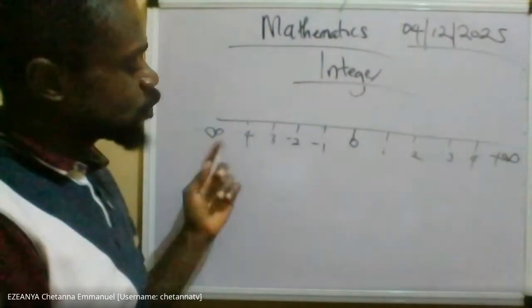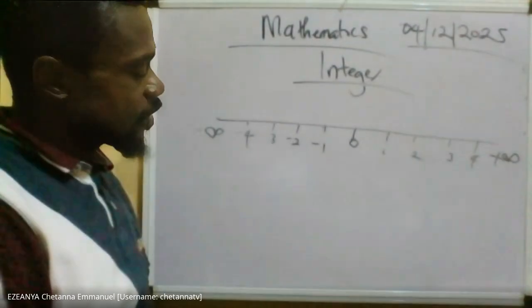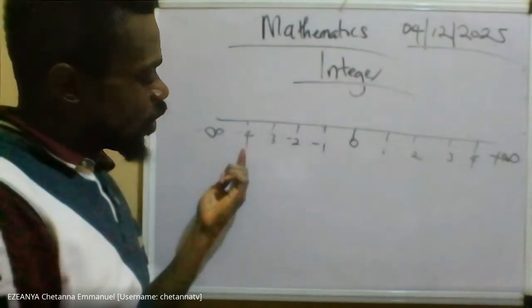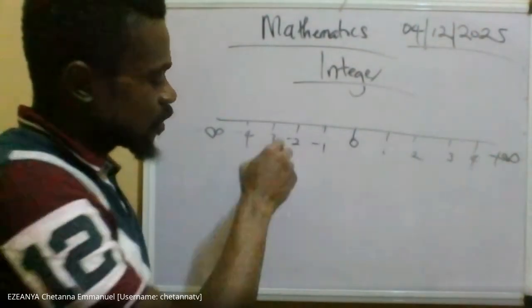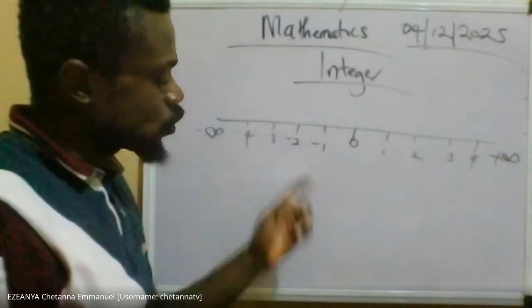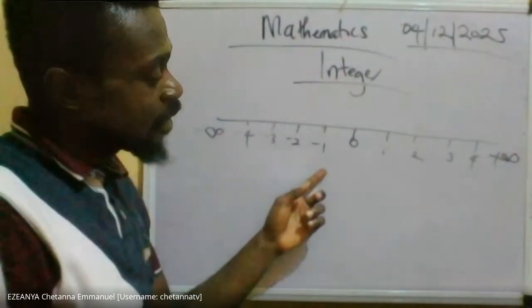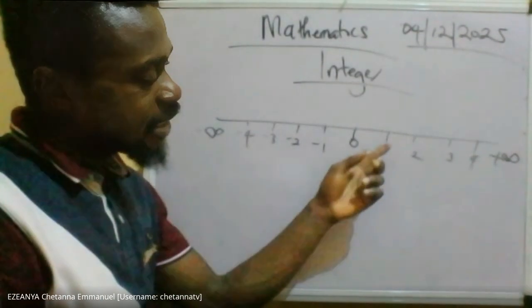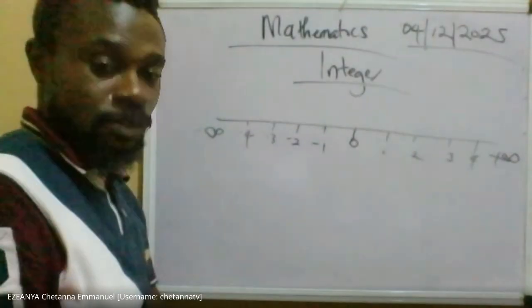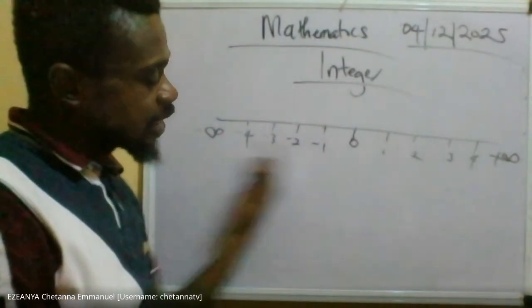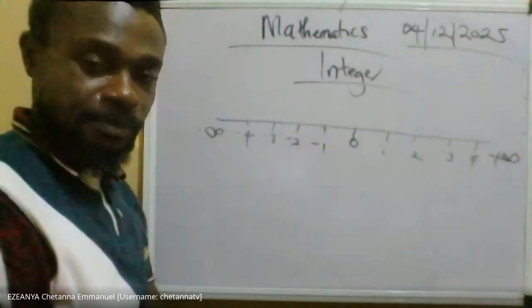This is what we call the number line. -4 is less than -3, -3 is less than -2, less than -1, less than 0. 0 is less than 1, and so on. This is the negative side, and this is the positive side.